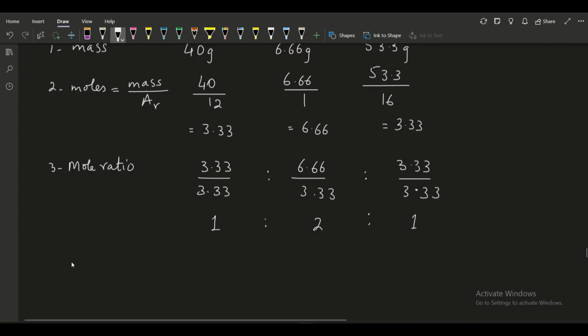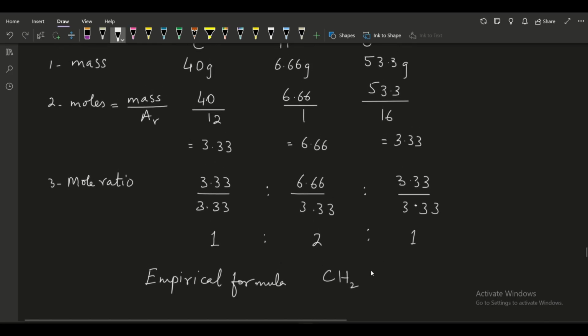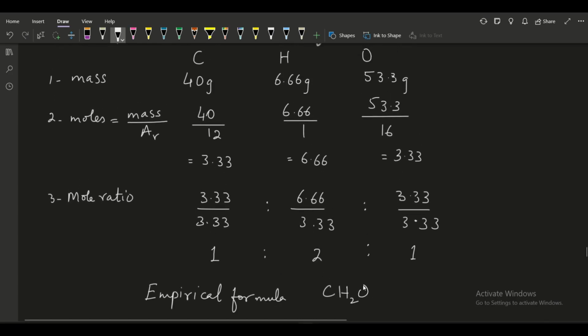Alright, now you have to write the fourth step. We will get the empirical formula, since all of these three values are whole numbers. So now you can write them as subscripts and you will get the empirical formula. The subscript of carbon would be 1, the subscript of hydrogen would be 2, and the subscript for oxygen is 1.